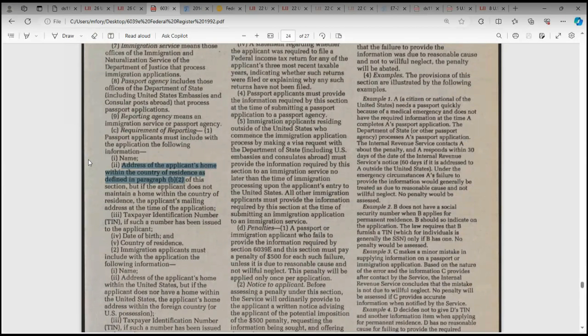That's what this applies to. The original context of 6039E, which I encourage you guys to go find at the law library, was for expatriates. And again, that still applies to a foreign address.